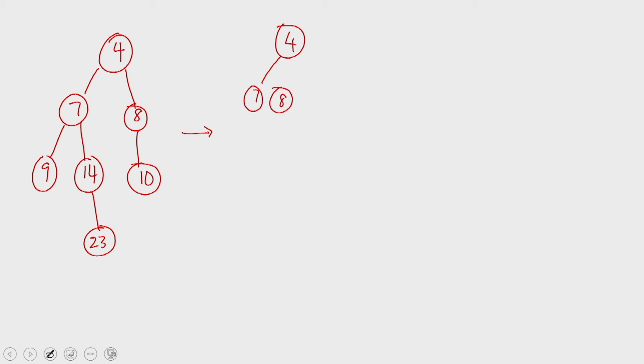The grandchildren of 4 will adopt 4 as its parent. So, 9, 14 and 10 will now adopt 4 as its parent. Vertex 23 will adopt 7 as its parent, because 7 is its grandparent in the original tree. So, after one round of pointer jumping, the tree will look like this.